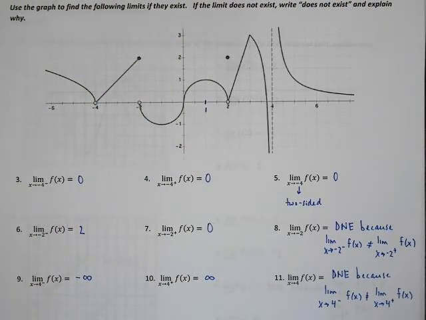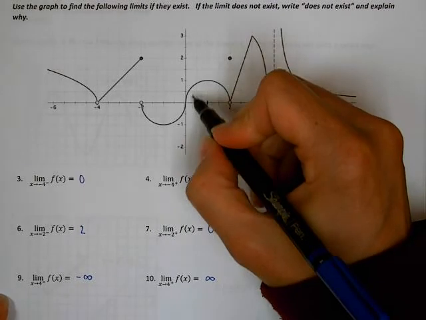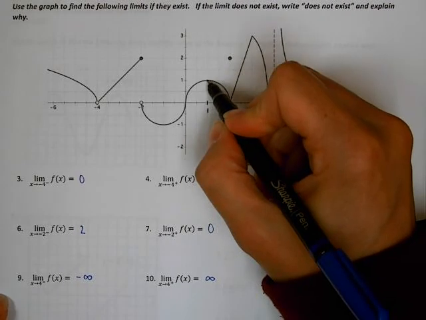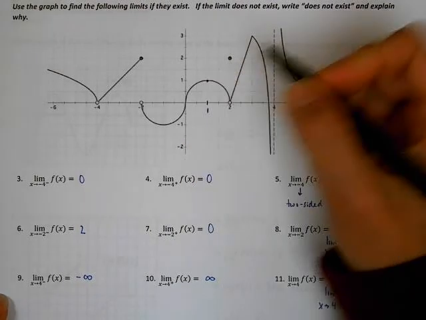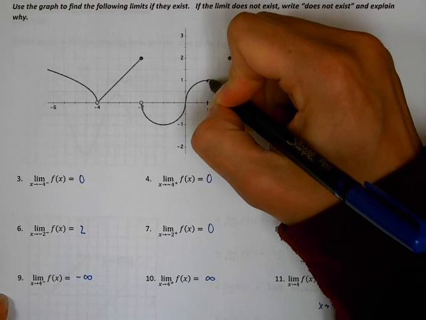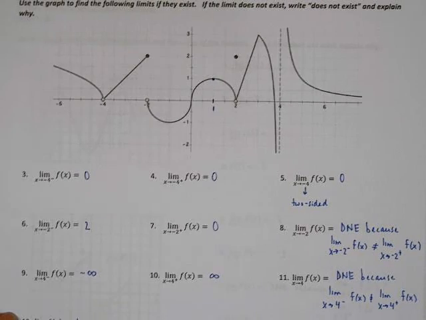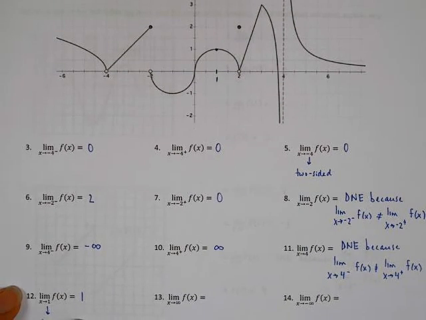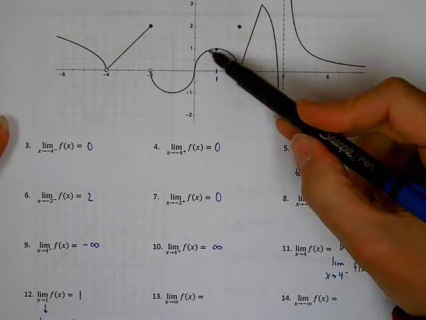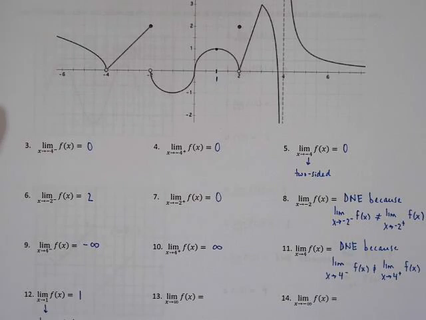Here's 1. So as I approach from the left side, it looks like I'm approaching a value of 1. As I approach from the right side, I'm approaching a value of 1, so I can say that two-sided limit is 1. But realize, before we made that decision, we actually checked the left and the right-sided limit.